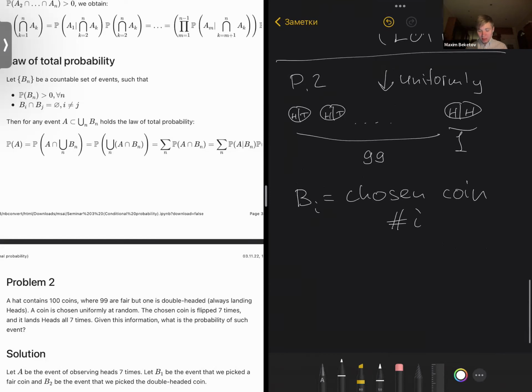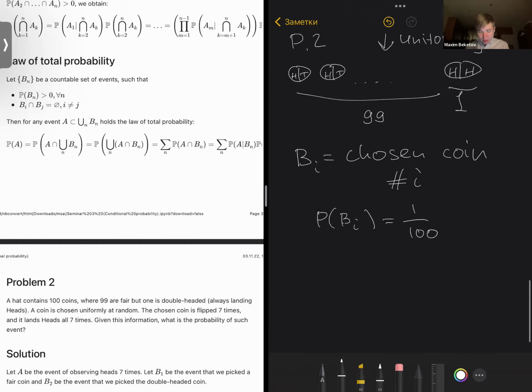So obviously the probability of any certain coin being chosen is how much? Yeah, 1/100, because we choose uniformly.